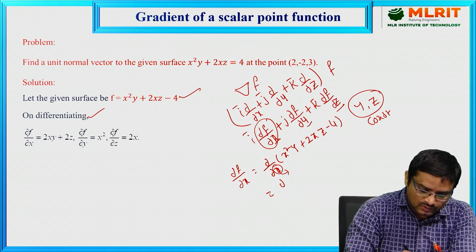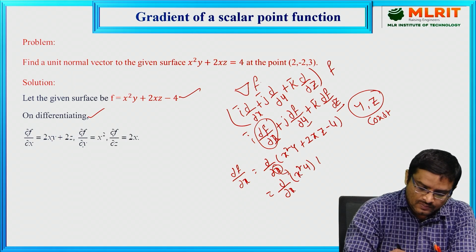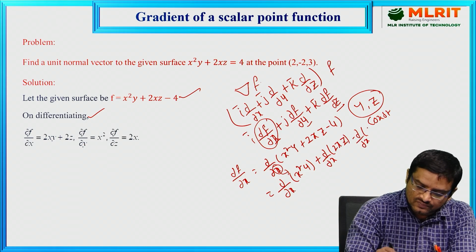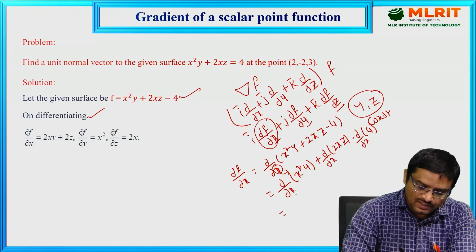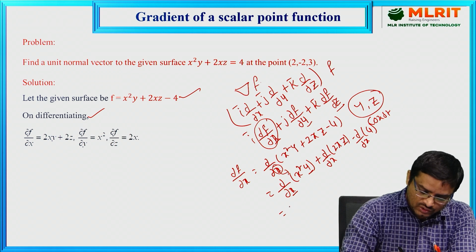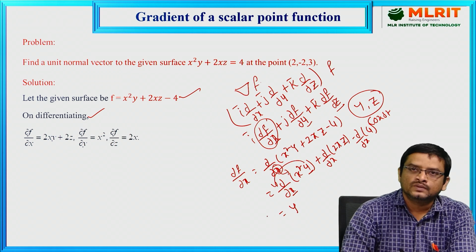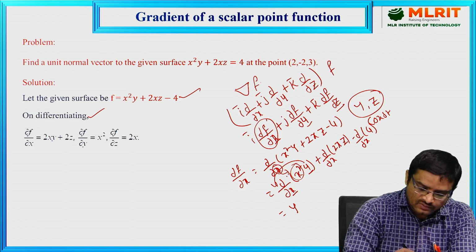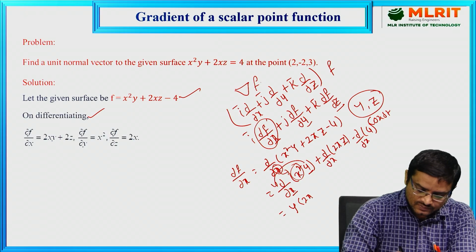So now dou by dou x of the first term. What is our first term here? Dou by dou x of x square y plus dou by dou x of 2xz minus dou by dou x of that constant 4. Since we are applying the partial derivative with respect to x, we consider y as constant, so keep that y as it is, take that y outside, and the remaining one is only x square. Derivative of x square is 2x.